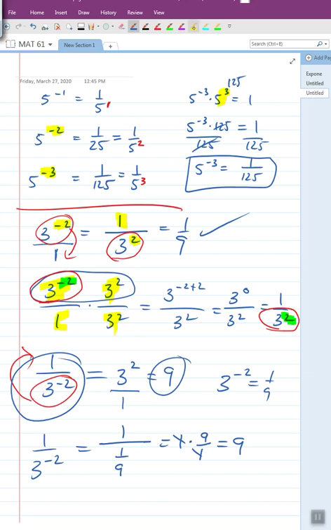So that means our answer up here is correct. And that means really, again, what you're doing when you have a negative exponent, whether it starts out on the top or the bottom, is you're going to move it to the opposite side of the fraction bar, and switch the exponent to a positive. So far, so good?